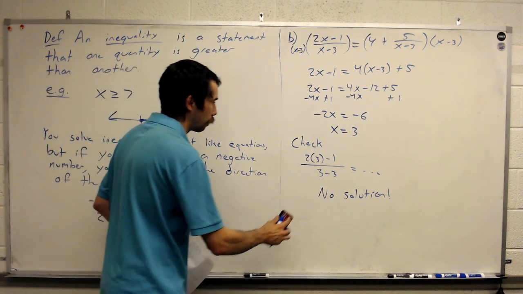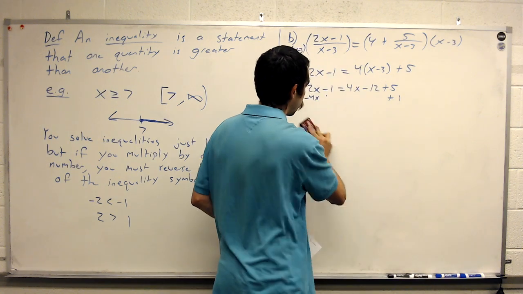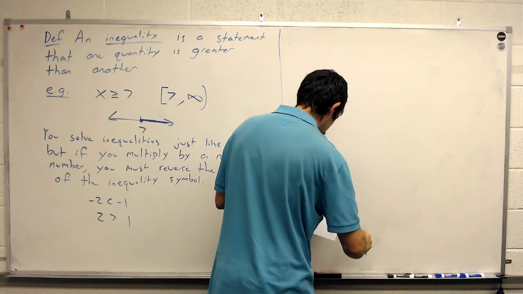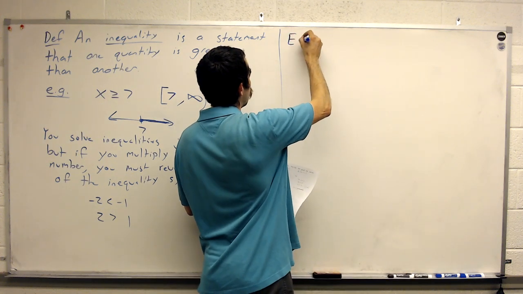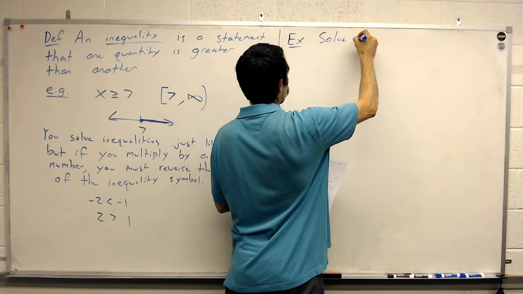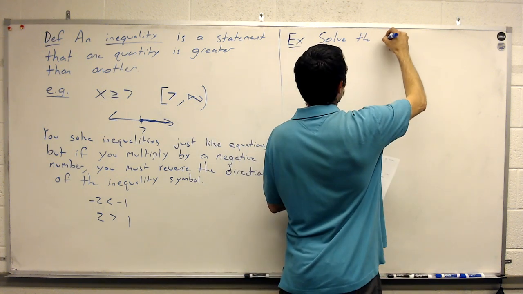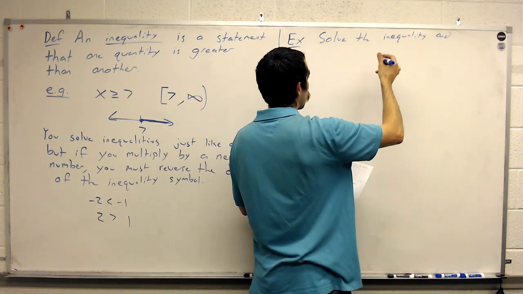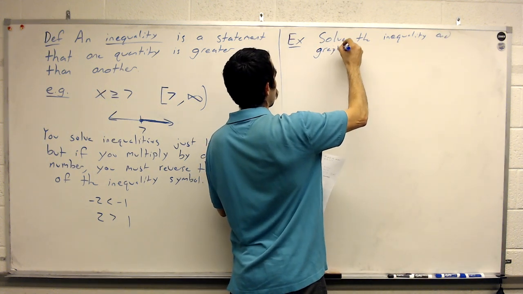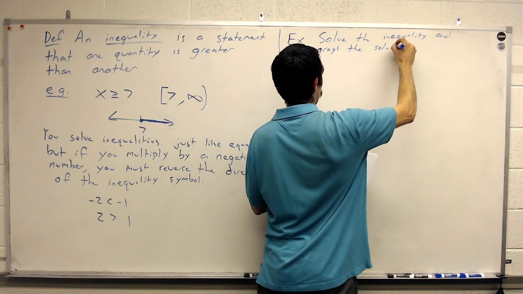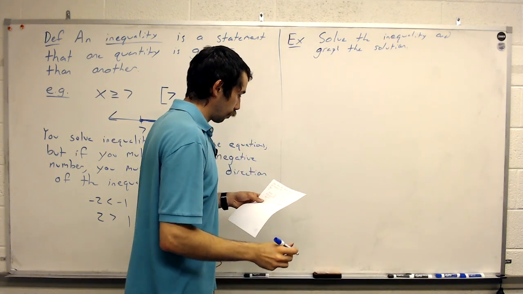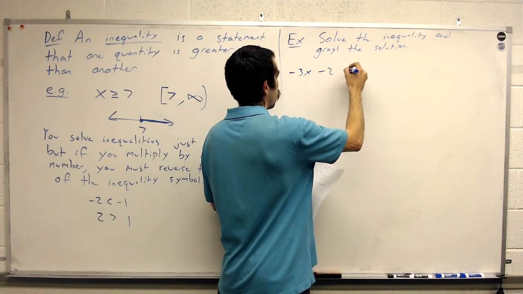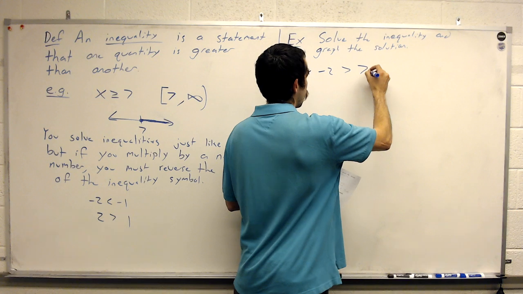Okay, so let's finish up by doing just a quick example of solving an inequality and graphing our solution. All right, and so let's do negative 3x minus 2 is greater than 7.